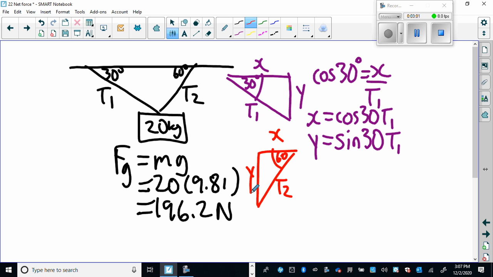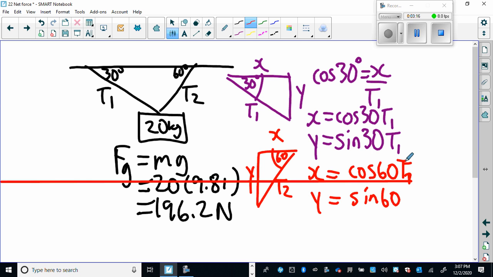For the x component here, we end up with x equals the cosine of 60 T2, and y equals the sine of 60 T2.